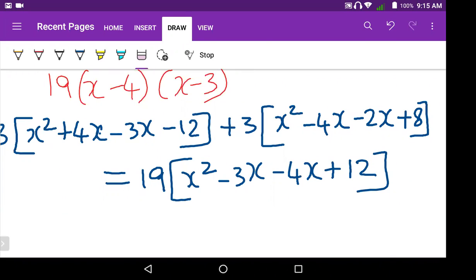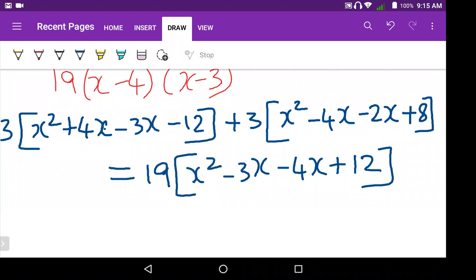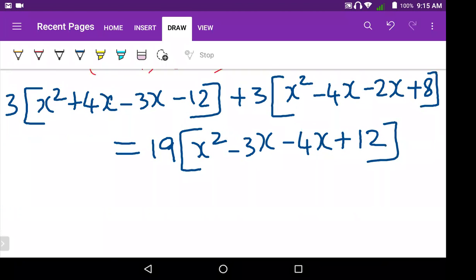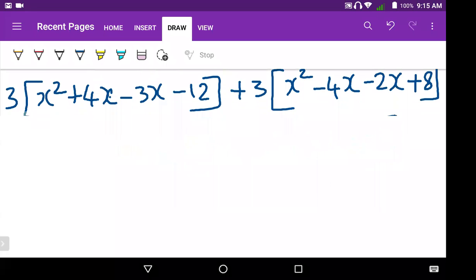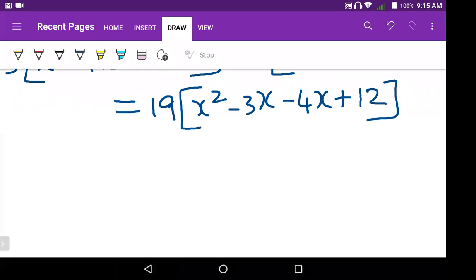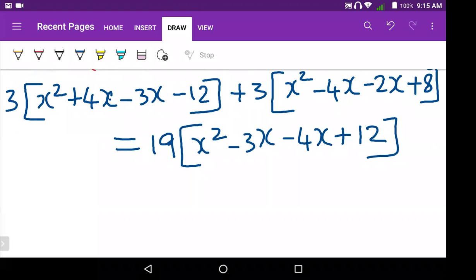Any doubts in this step? Yes? Okay, good. Now let us go to the next step. In next step, we will be multiplying this 3 with the full expressions everywhere so that we will be able to get the full equations.